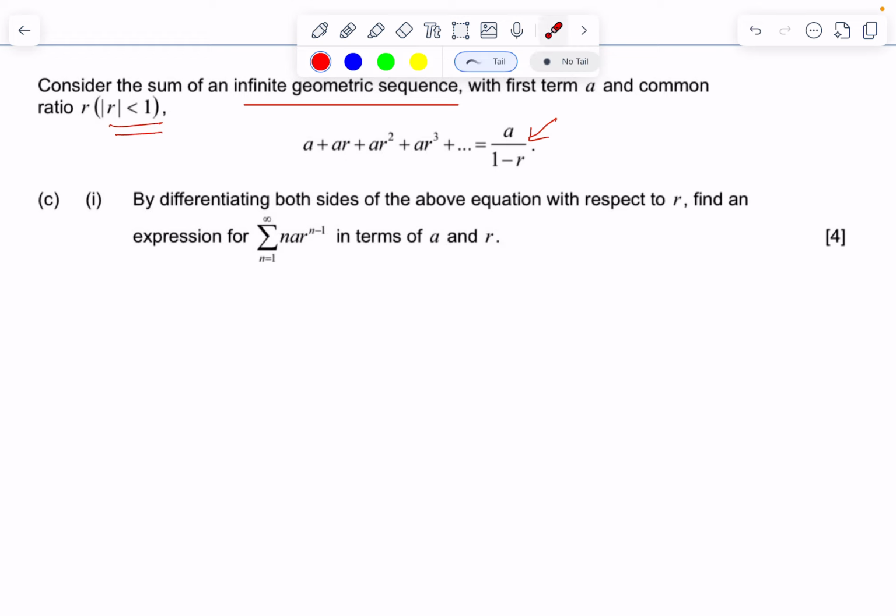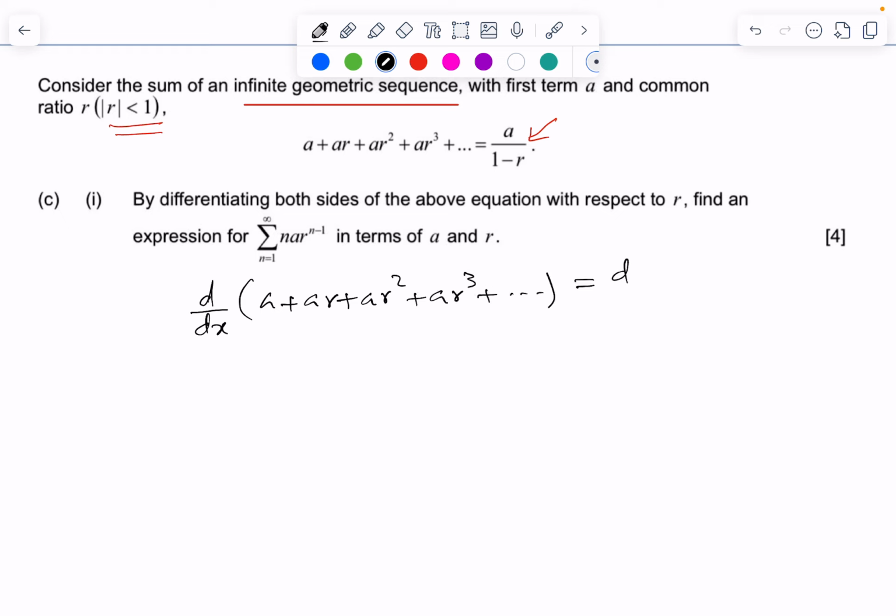Now they say that by differentiating both sides of the above equation with respect to r, find an expression for this one. So look here, differentiating both sides: d by dr of a plus ar plus ar square plus ar cube and so on is equal to d by dr of a upon 1 minus r, or this can also be written as d by dr of a into 1 minus r to the power negative 1.